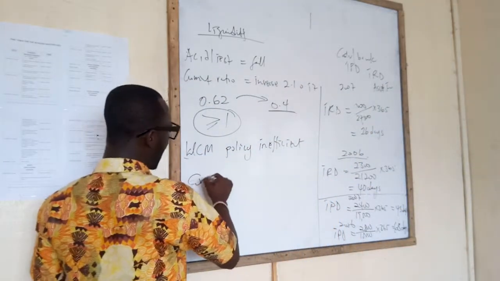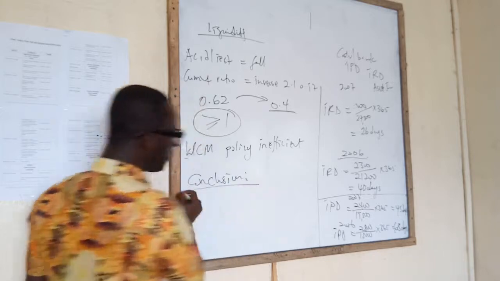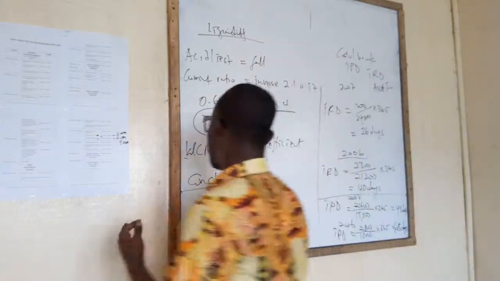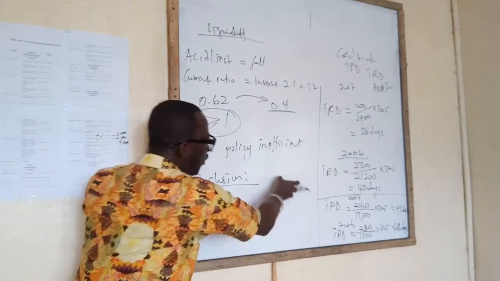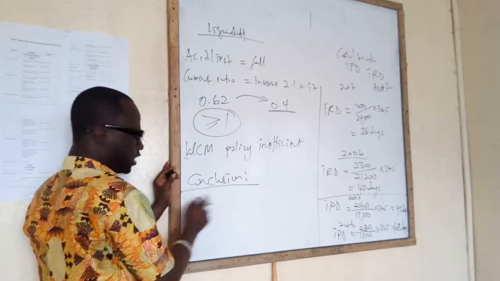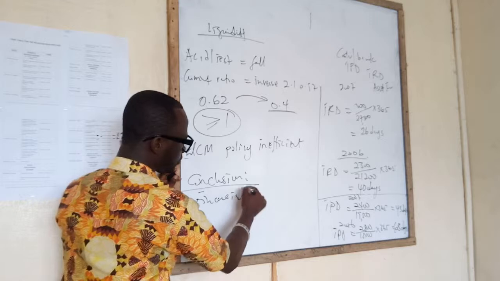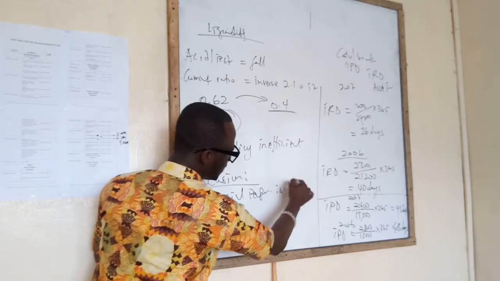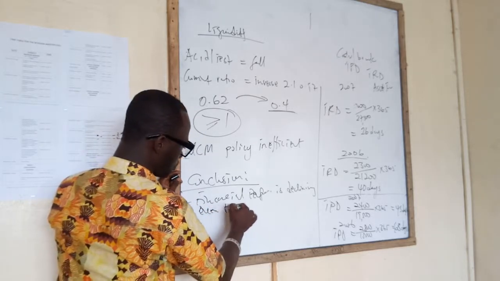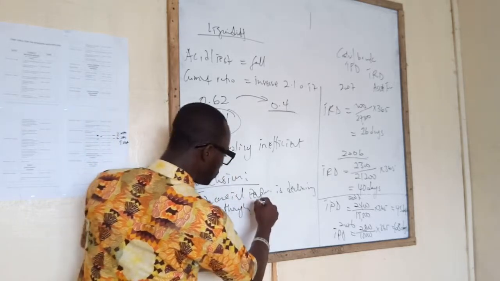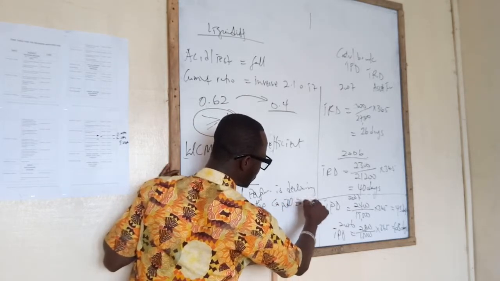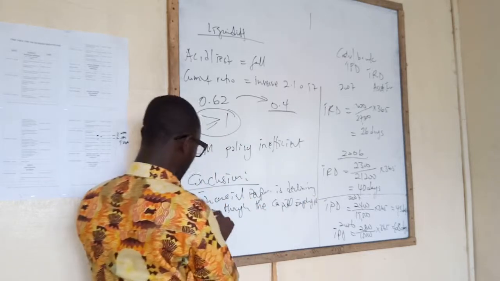Now, from there, I always tell you this is very important. In conclusion, we say that the company's financial performance overall declined from the previous year to the current year. So financial performance is declining, even though the capital employed is increasing.